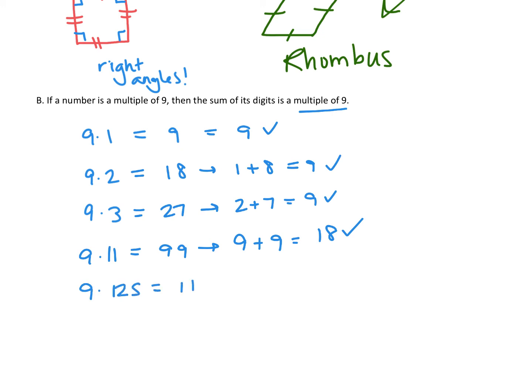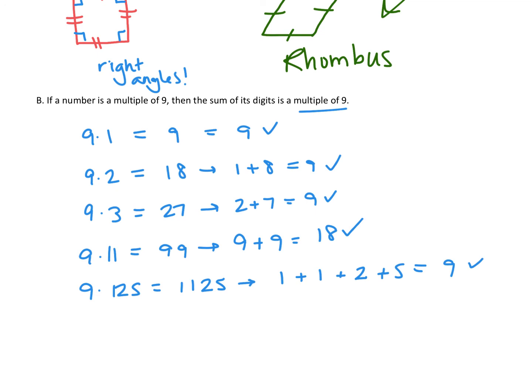That's 1,125. Let's add those digits together. 1 plus 1 plus 2 plus 5. 1 plus 1 is 2, plus 2 is 4, plus 5 is 9. Is 9 a multiple of 9? It is. So we just came up with 5 examples that supported the conjecture.